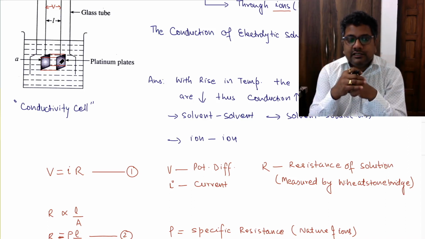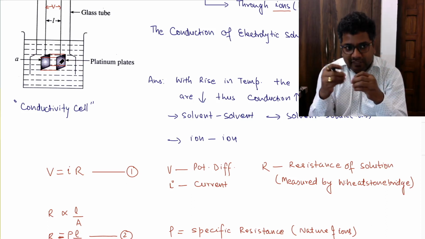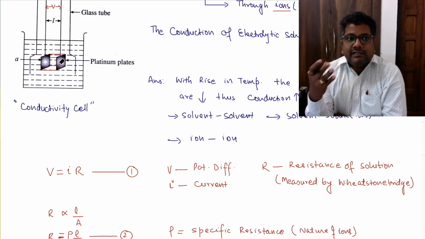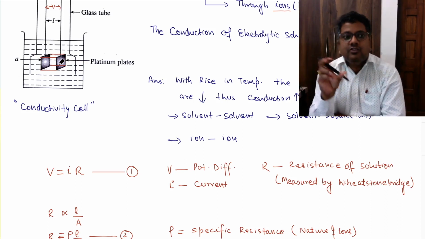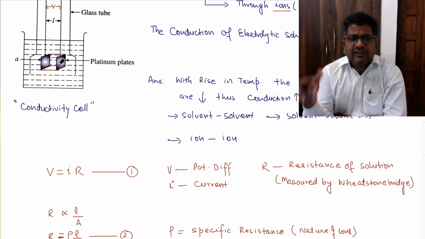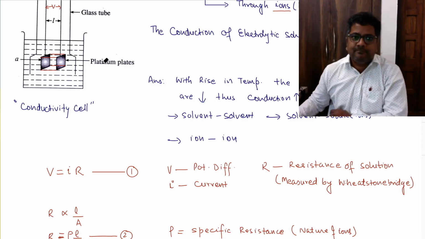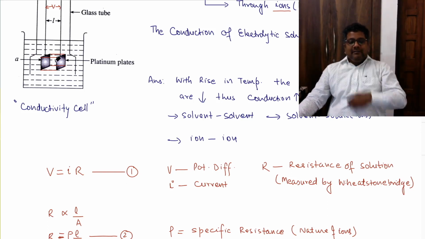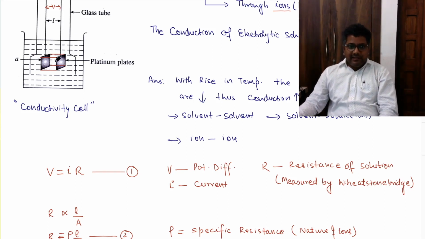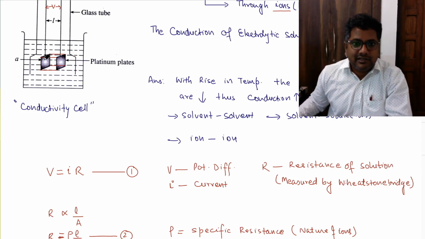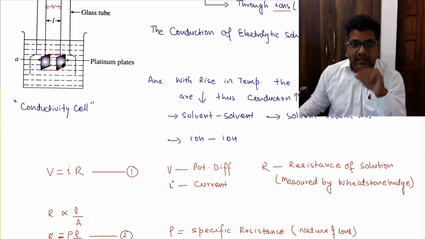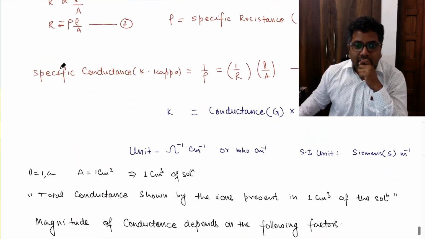We can get it by measuring the volume and seeing how many cubes fit in that volume, and manipulate accordingly, but it is very difficult to measure directly. So for direct measurement, we use another term.